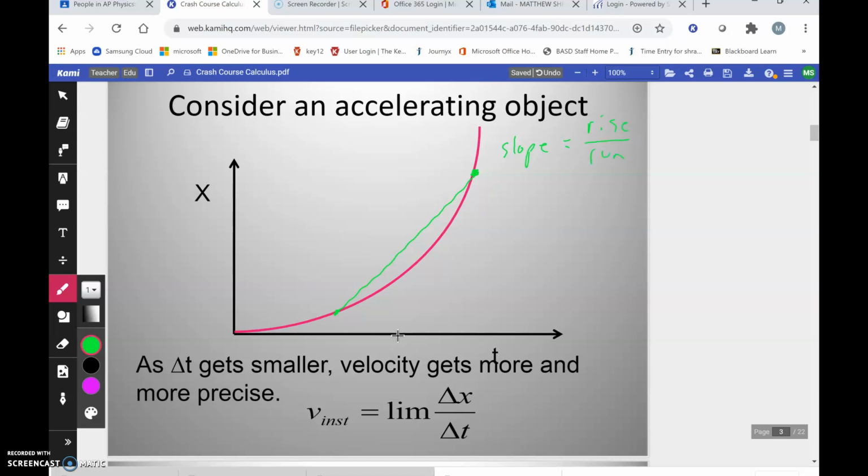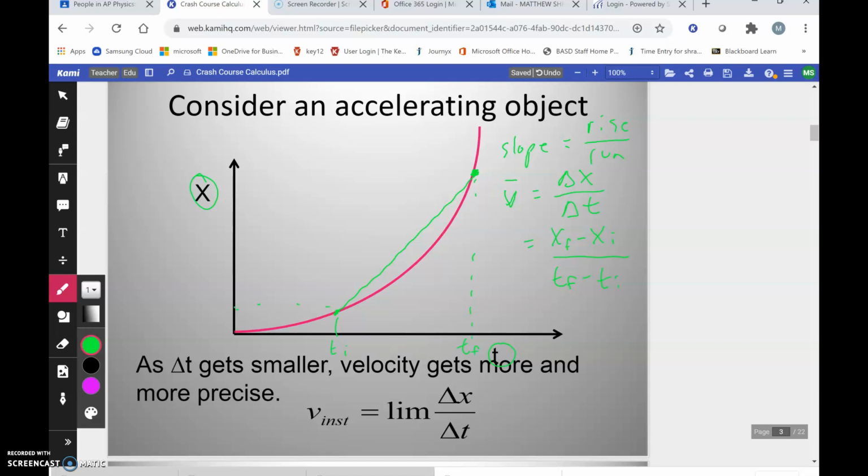But in this case, our variables are x and t, so average velocity is a change in x over a change in time, or x final minus x initial, all over t final minus t initial, where this would be our t initial, and the point down from here is going to be our t final.